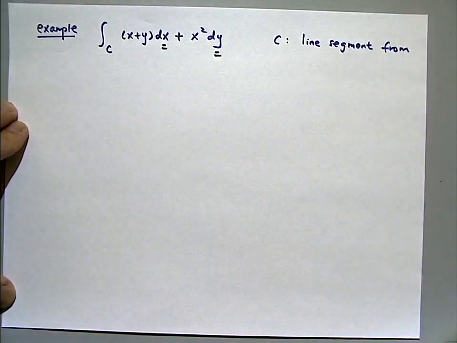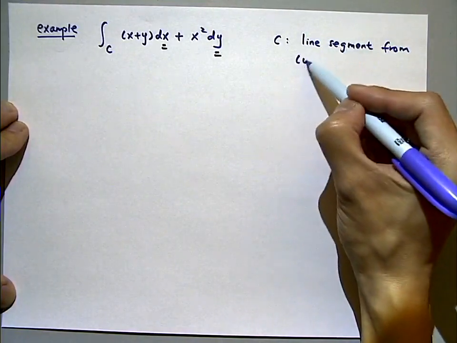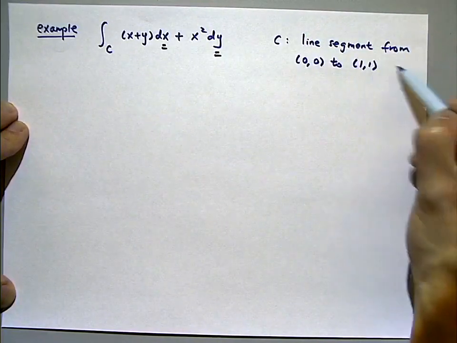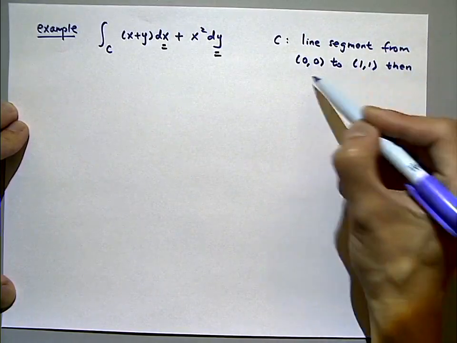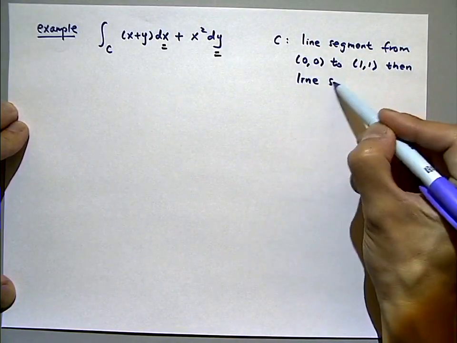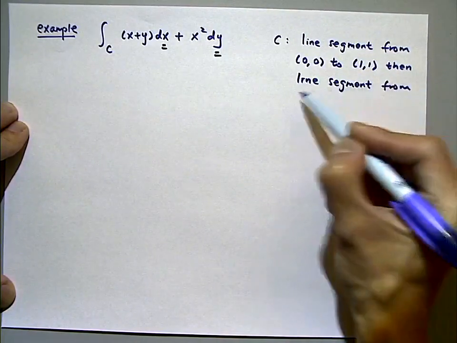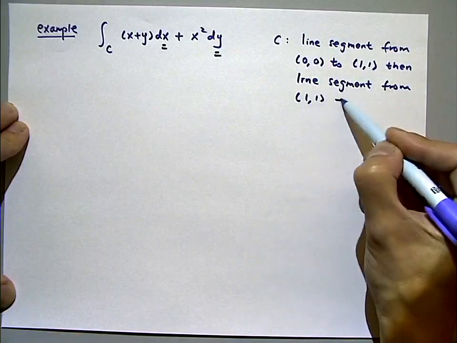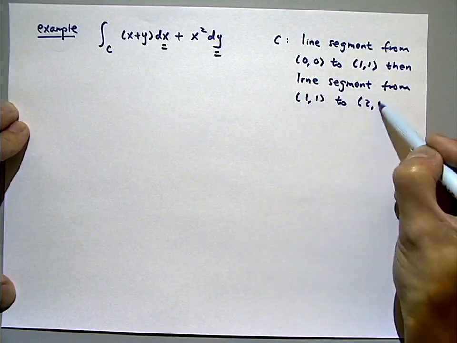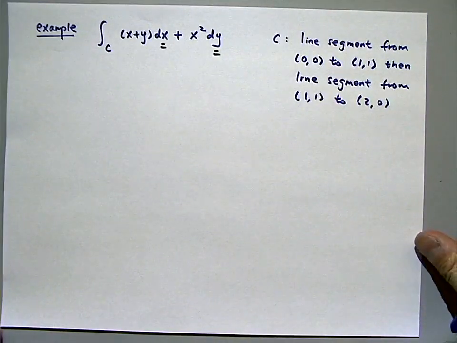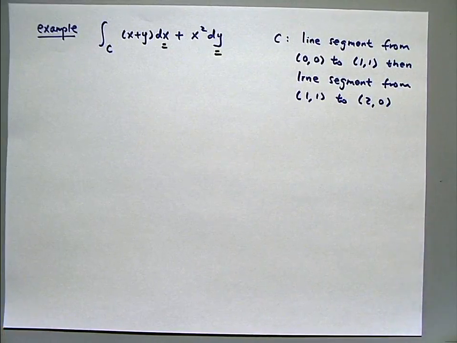Let's let C be a line segment from (0, 0) to (1, 1), then a line segment from (1, 1) to (2, 0). So the first half of the trip is (0, 0) to (1, 1).